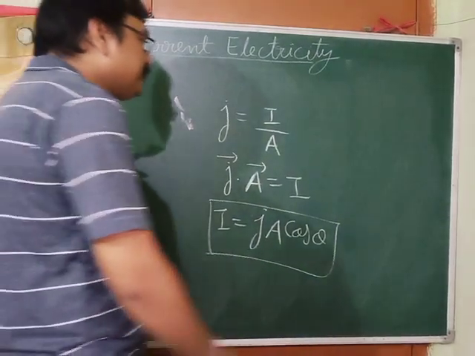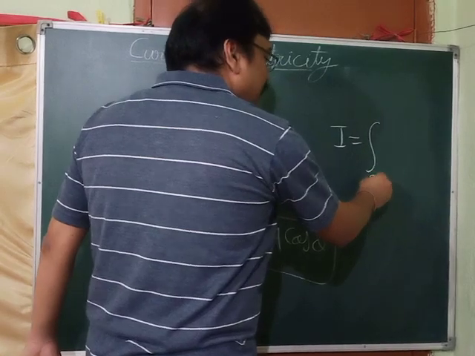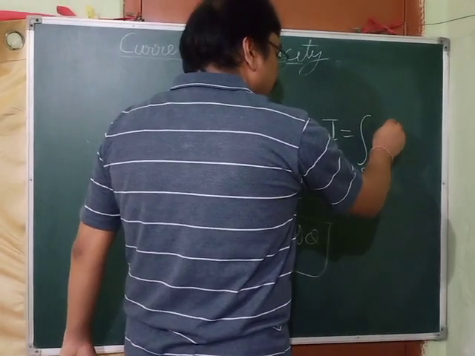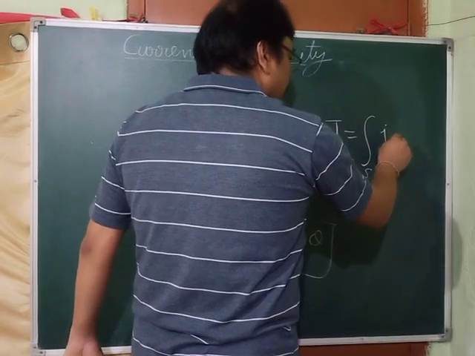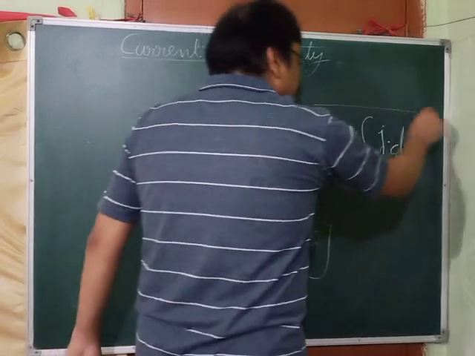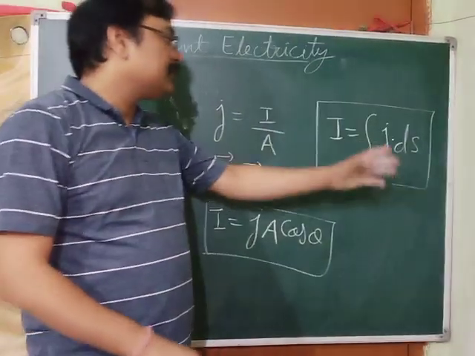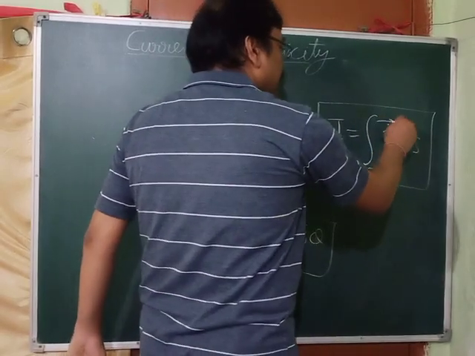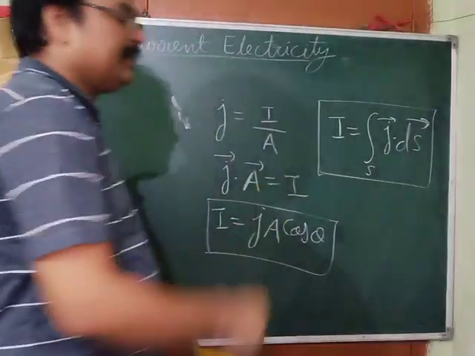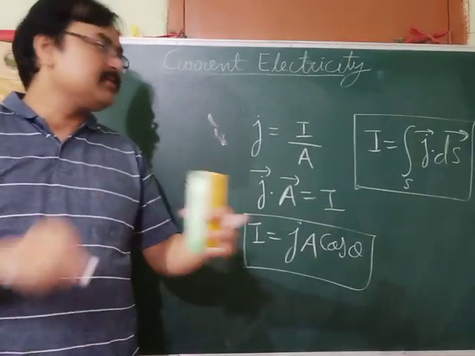Therefore, I is equals to integration on the whole surface, J dot dS. So this way also we can find out current. Here we will write the vector sign. The integration has to be done on the whole surface through which the current density is flowing.